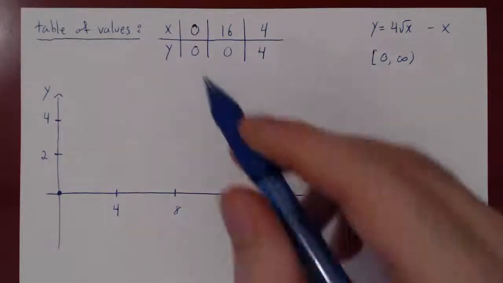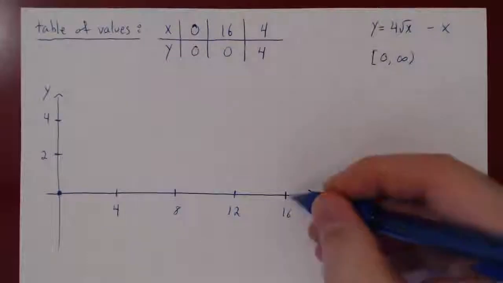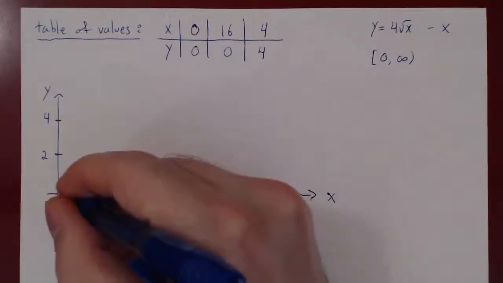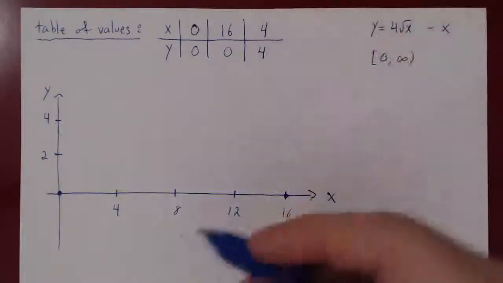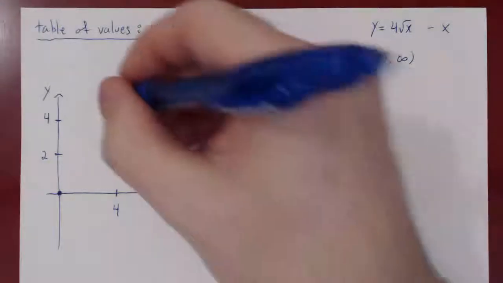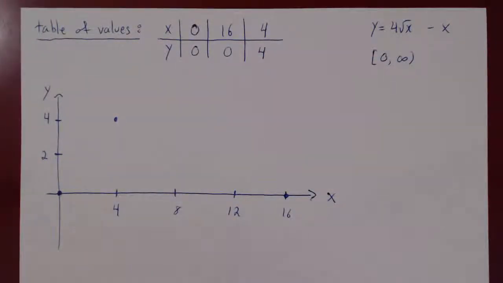All right, so the first point of interest was 0, 0. The other point was 16, 0. So our 2 zeros. And the point 4, 4. So we have our 3 points of interest in the Cartesian plane. As always, we handle the critical points that we have classified. If you remember, the point 4, 4 was a critical point.